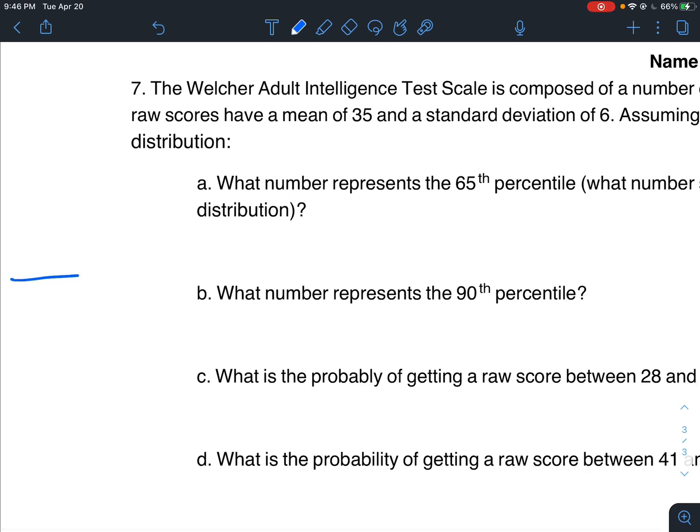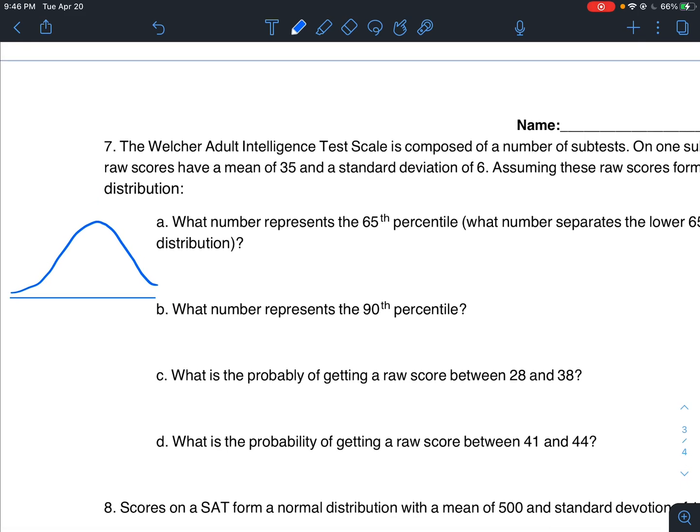If I have a standard normal distribution, the 65%, well, I know that this is 50% right here. But let's say this is 65% right here. Let's call this 65%, so the area under here is 65%.